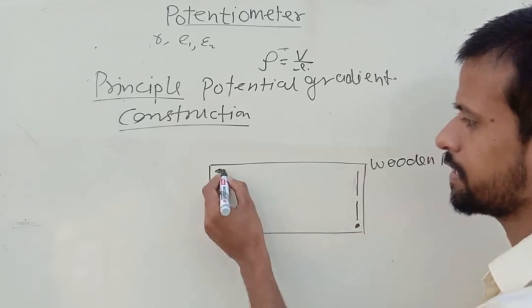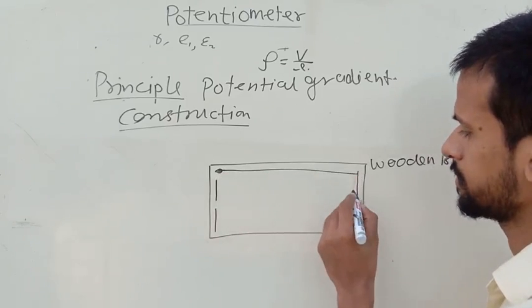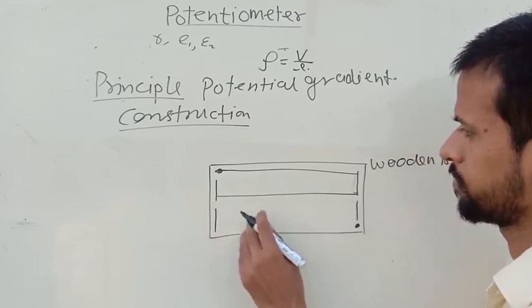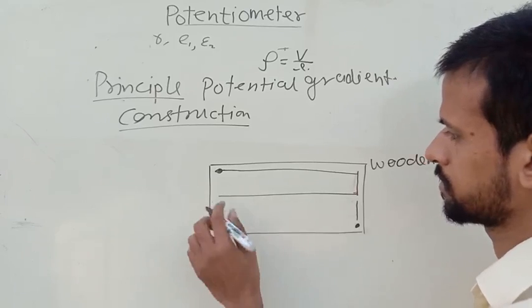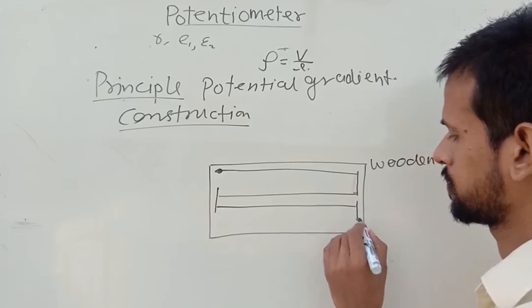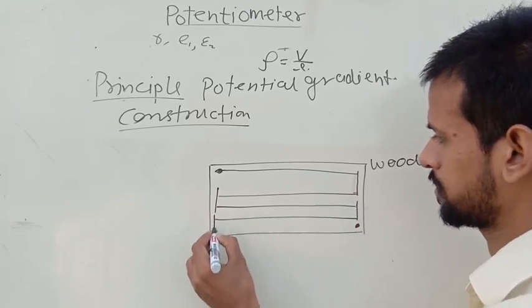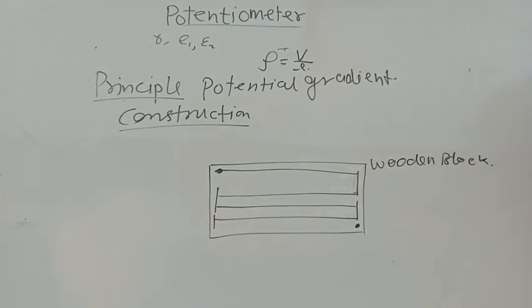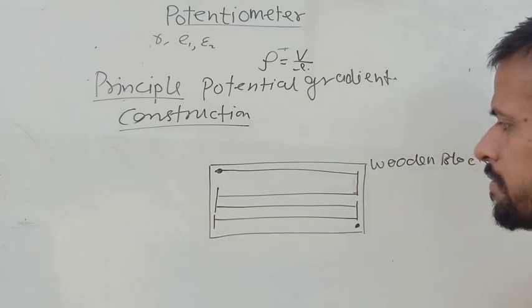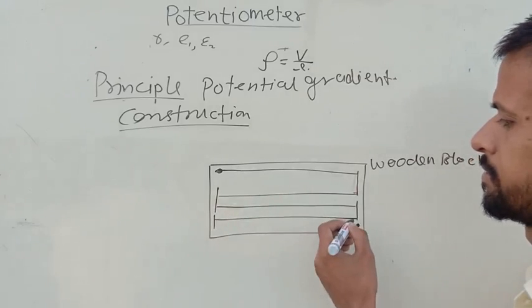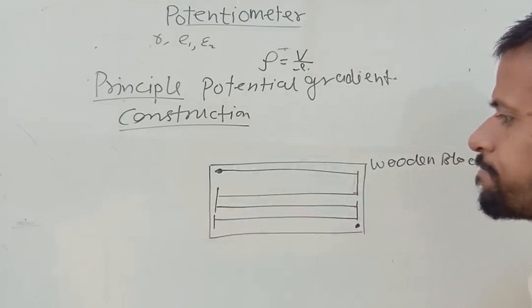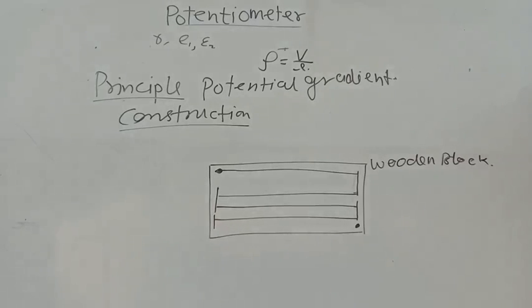Now a resistance wire is connected in such a way, like this.